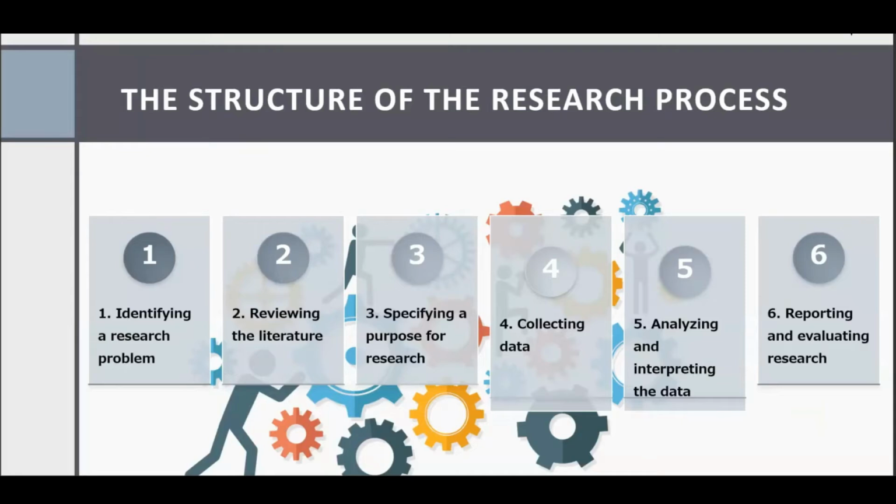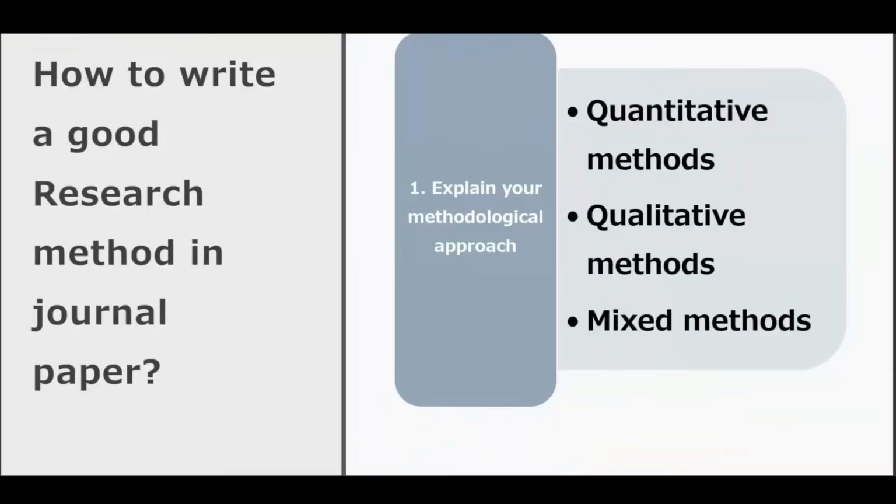If you're using quantitative, you need to make sure that the reviewed literature also supports that this study can be conducted on a quantitative basis. The purpose of the study or the aims and objectives should be set up on a quantitative basis. Then the data should be collected in a quantitative way, and then going to analyzing and providing a report, all of which should be related to the quantitative methods of study.